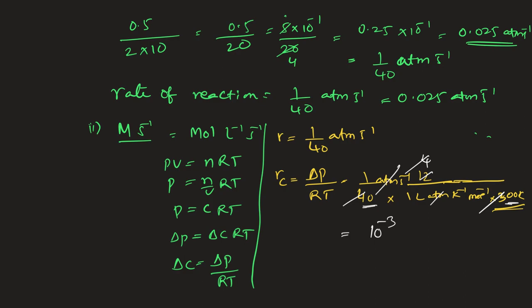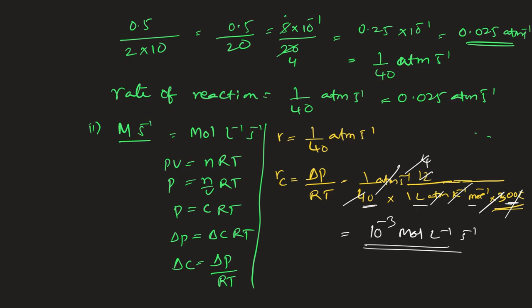Atm cancels and Kelvin inverse with Kelvin cancels. What is left is liter mole inverse; mole inverse goes to the numerator as mole, liter goes as liter inverse, second inverse stays. This is the rate of reaction with respect to concentration.